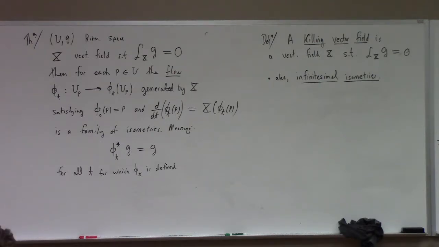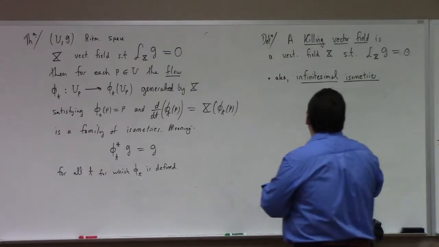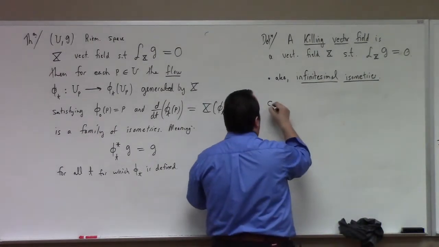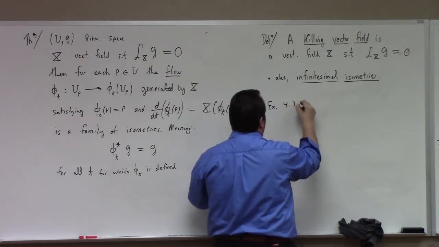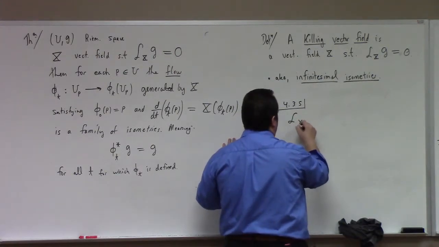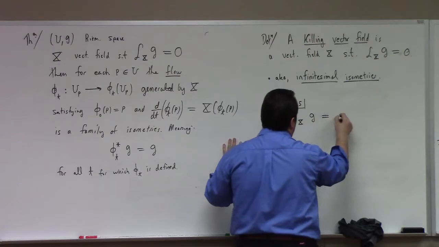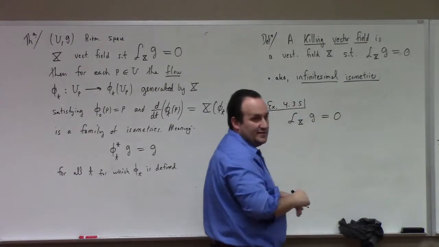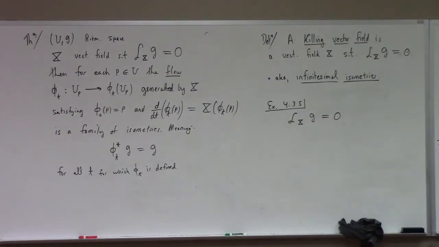If you actually want to find the Killing fields for a given metric, what do you have to do? It goes back to exercise 4.35, right? Exercise 4.35 tells you how to unwrap this monstrosity. In components, what's it look like?